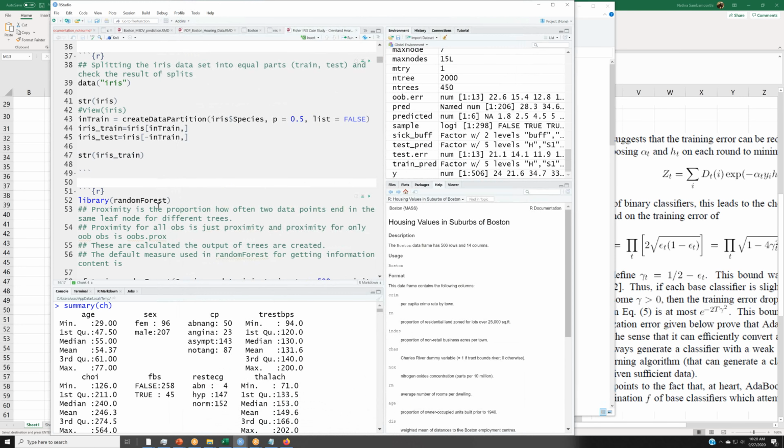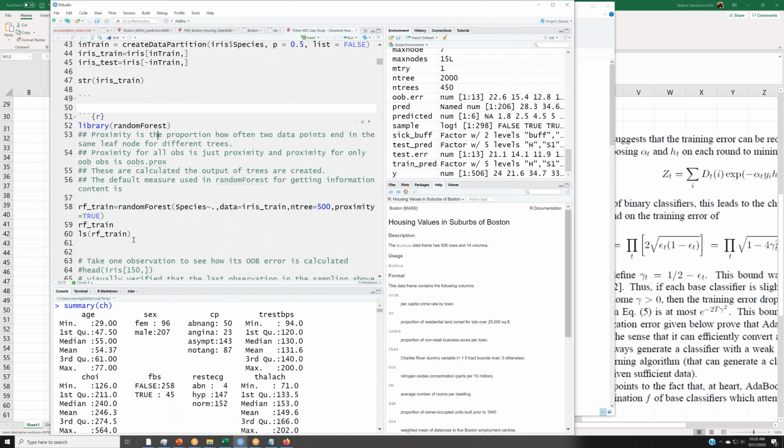Now I'm going to the library randomForest, and then I'm going to do this a little bit more advanced. Remember, species is the class: 3 types of iris flowers, 4 attributes, features. And so I'm using the data iris_train only.